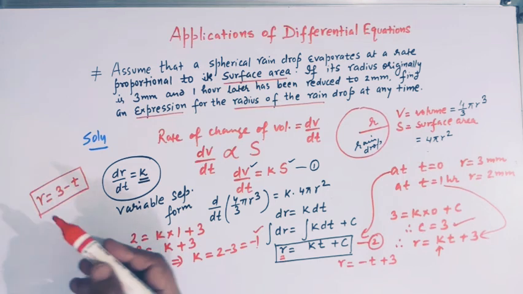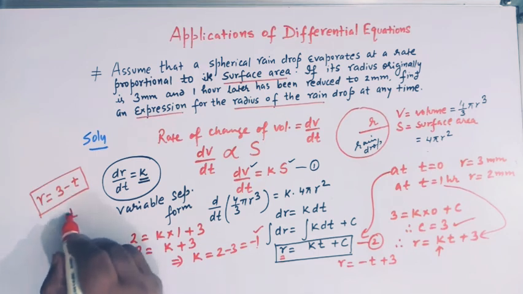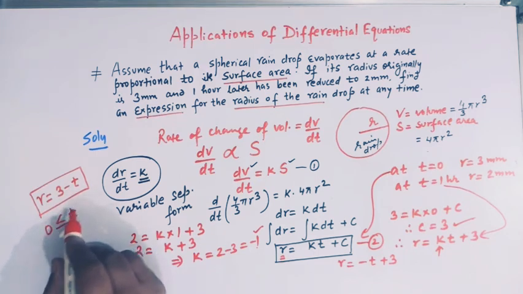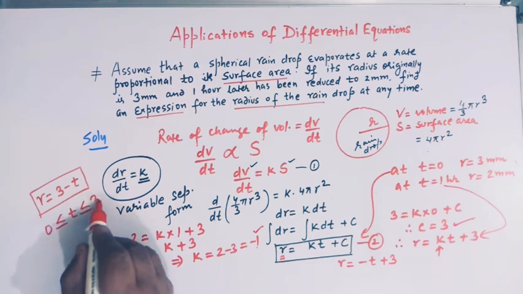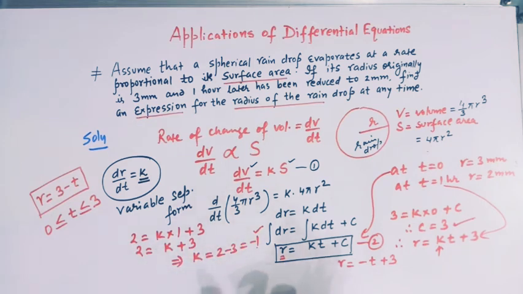And here the condition on time t is that t must be greater than or equal to 0 but less than or equal to 3. So this is how we apply the concept of differential equations to solve these problems.